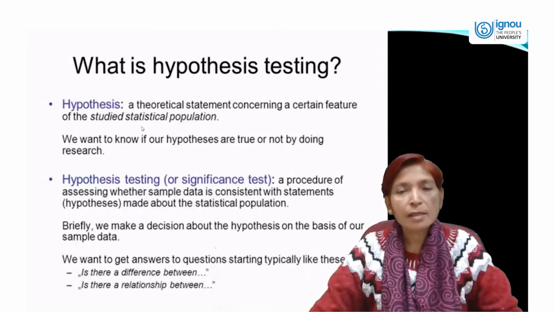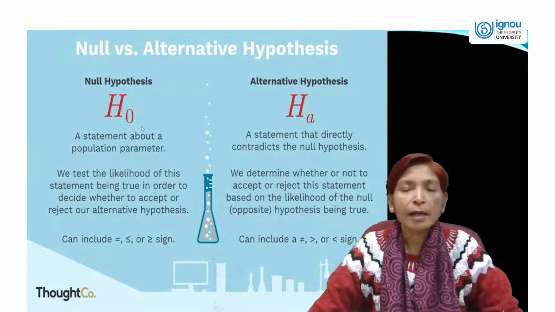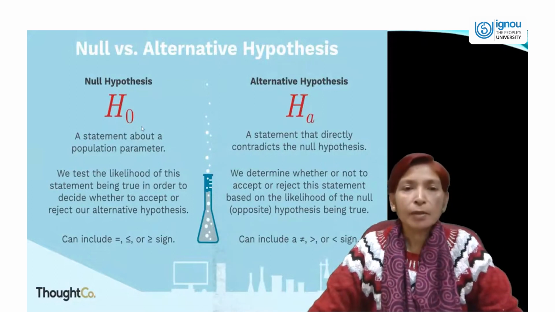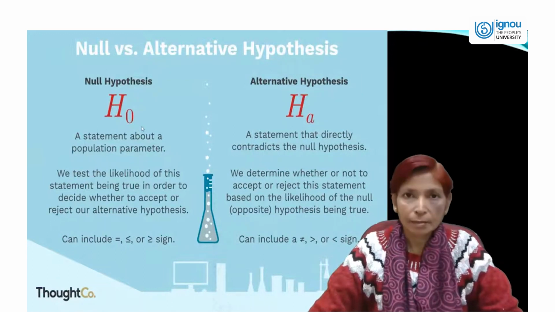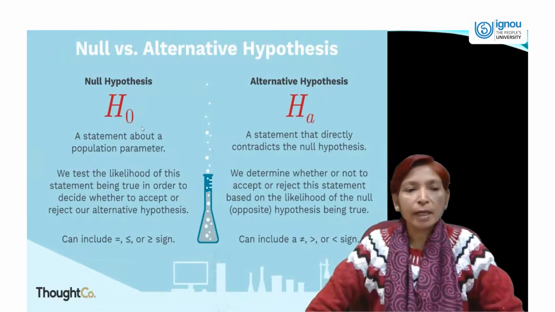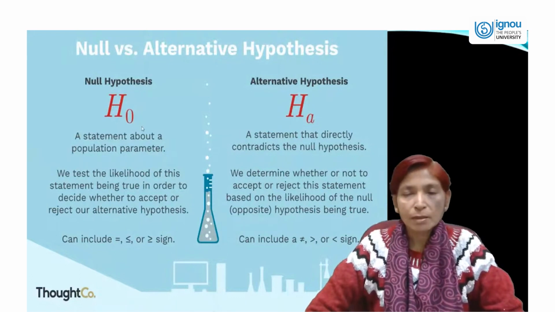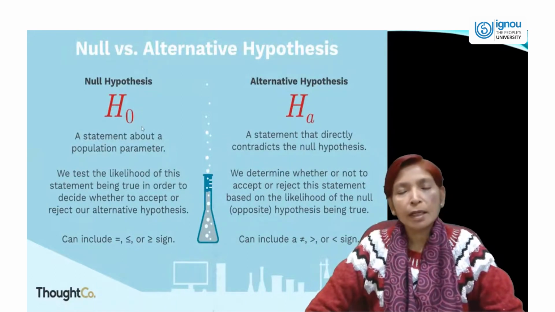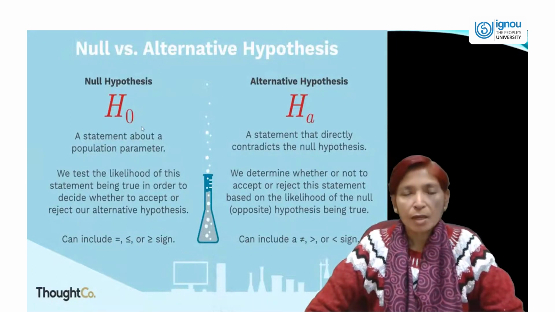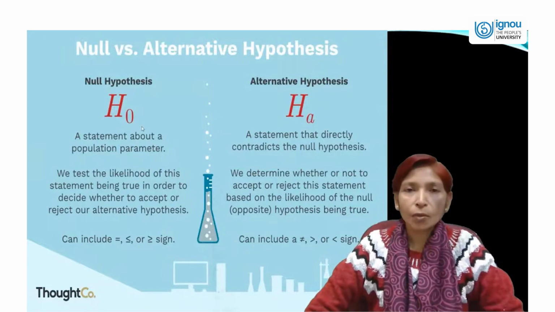Hypothesis generally has two types. One is the null hypothesis and the other is the alternative hypothesis. The null hypothesis is a statement about a population parameter. We test the likelihood of this statement being true in order to decide whether to accept or reject it. The null hypothesis is denoted by H0.